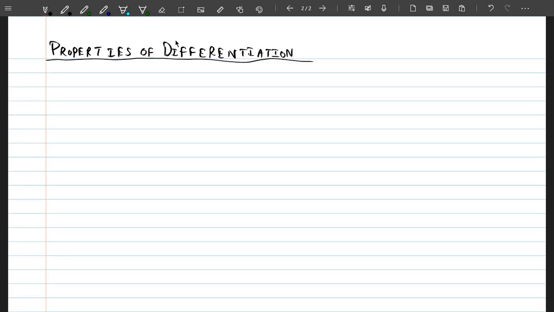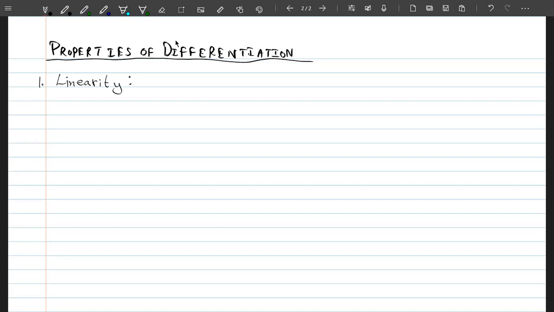So the basic property of differentiation is linearity. In fact, this is one of the most important properties of differentiation and what makes it so widely applicable.